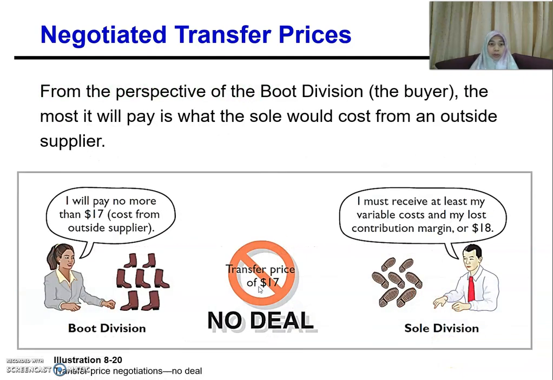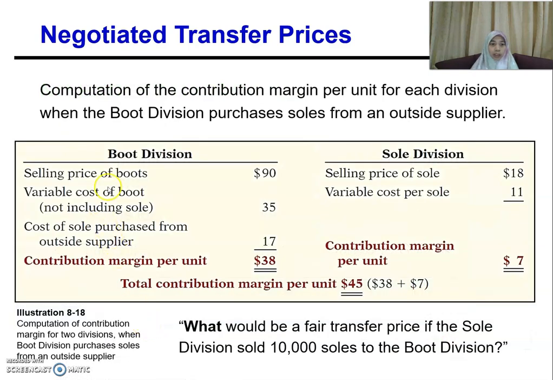From the perspective of the boot division, that is the buyer, the most it will pay is what the sole would cost from an outside supplier. The boot division is purchasing from the outside supplier at 17. So if you now ask me to buy your product at 18, I don't want to buy anything more than 17.